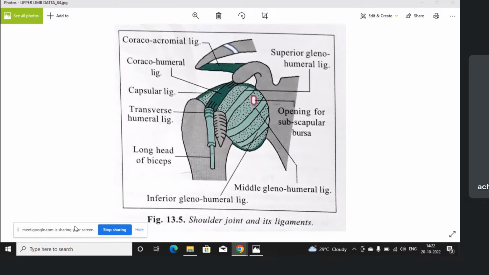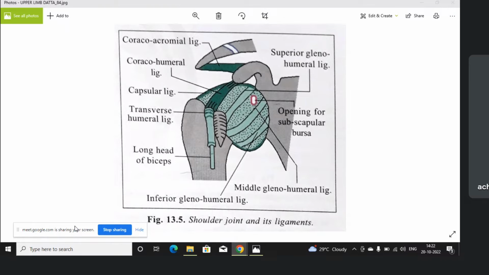Above the glenoid cavity, there is the supraglenoid tubercle.